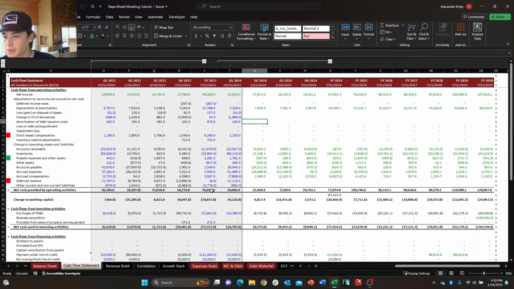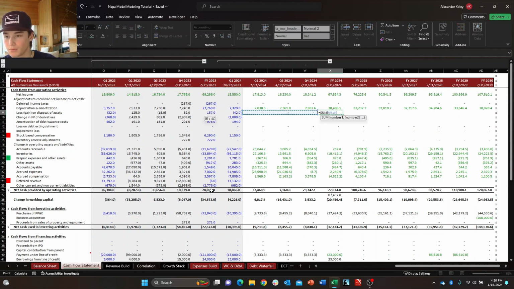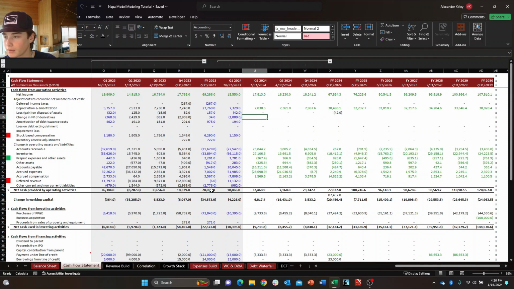So let's see here, amortization of debt issuance costs. We'll sum that there. Loss and gain of disposable assets, we can't really forecast that, so we'll do sum there.